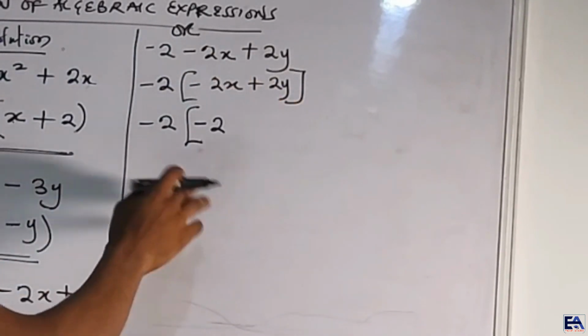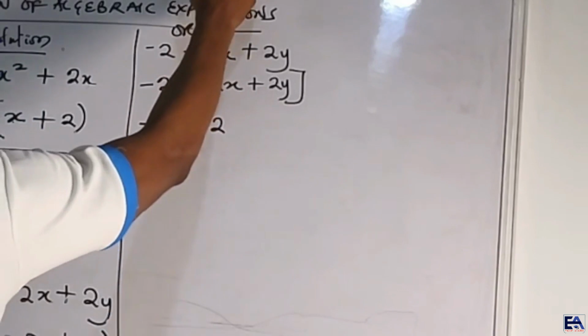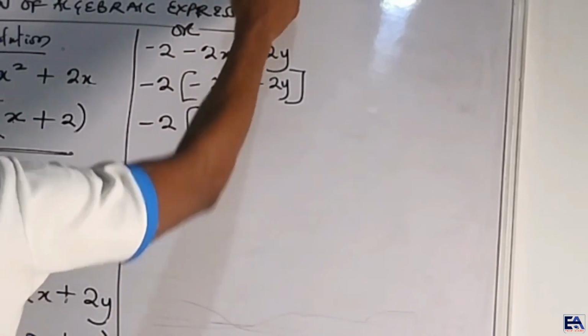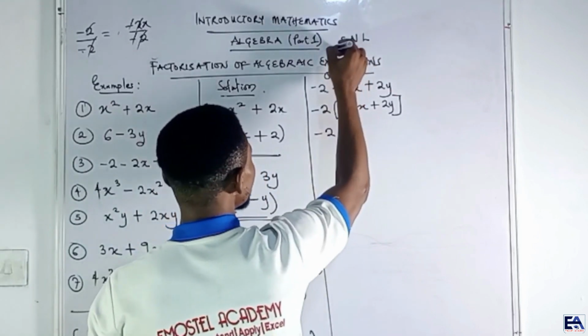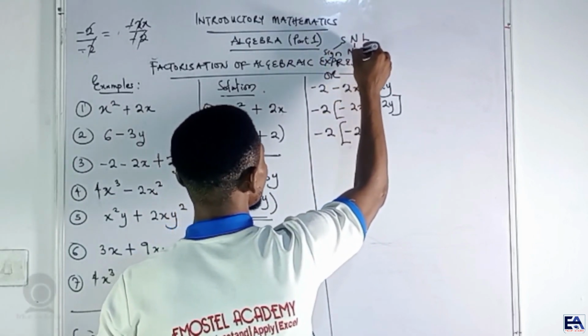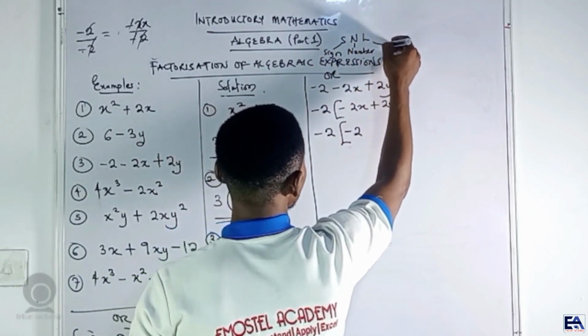So whenever you are considering your common factor, consider it in this pattern: S, N, and L. You first consider the sign, you consider the number, and you consider the letter.